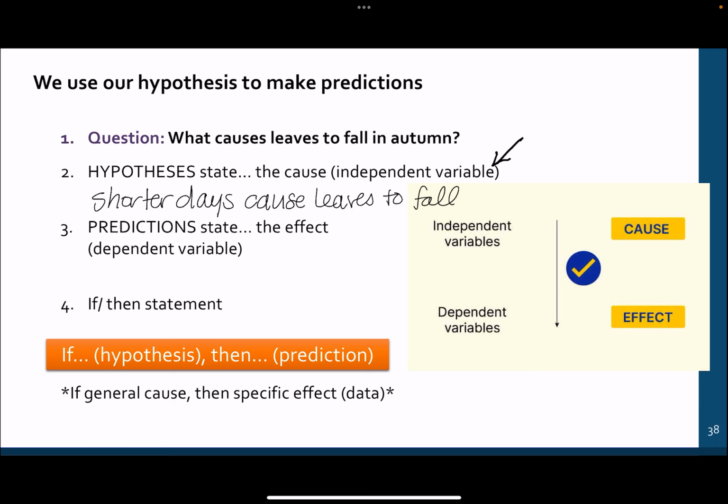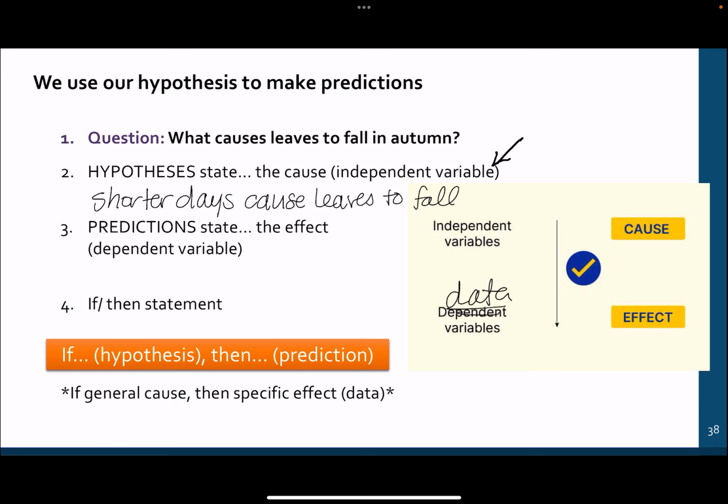So our hypothesis is going to state our independent variable. Our prediction is going to state the effect of that independent variable. In other words, it is going to state the data that we expect to gather, because our dependent variable is our data.